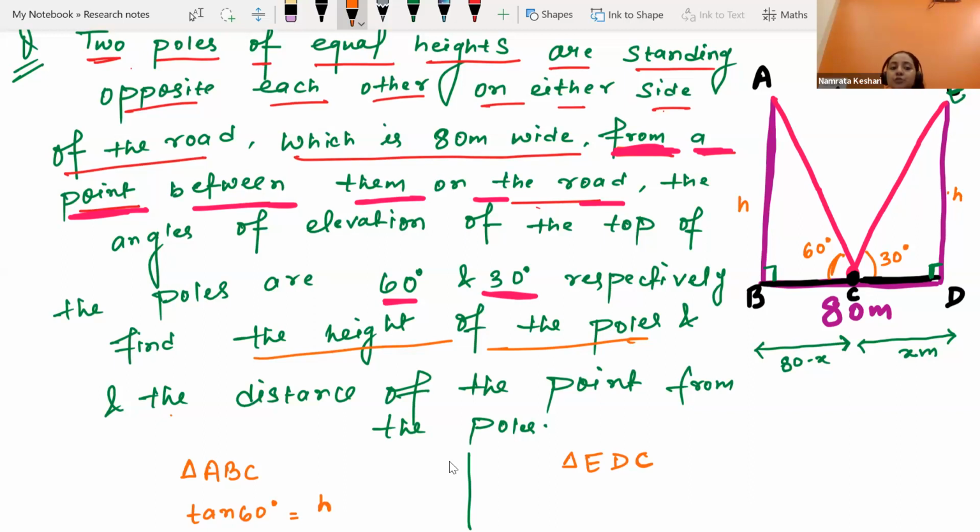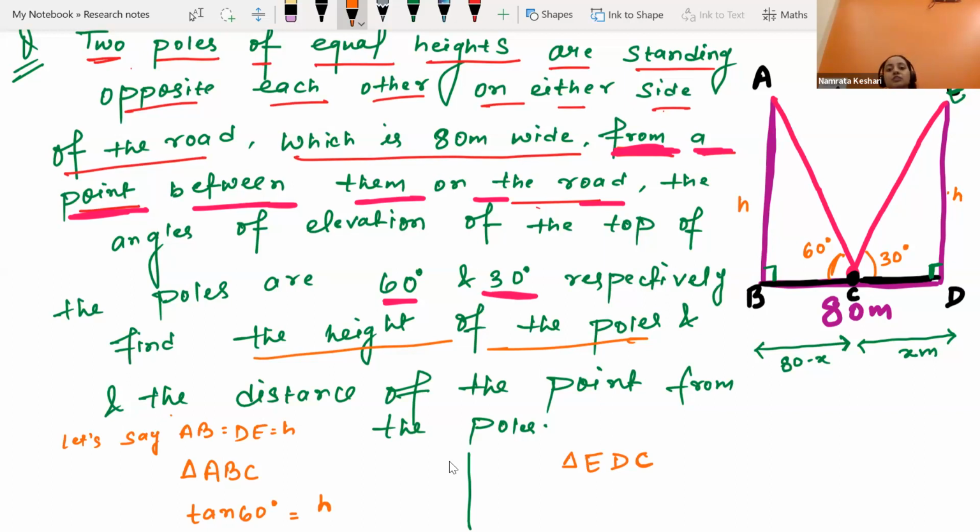At first you have to assume that AB and DE both are H. Then only are we allowed to write H. And apart from that, we also have to assume that CD is X, then only we can say BC is 80 minus X. So these are the assumptions.